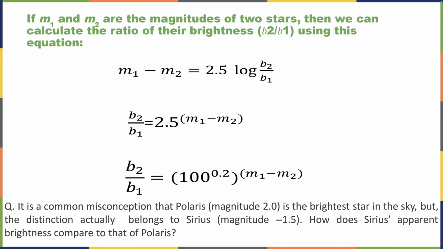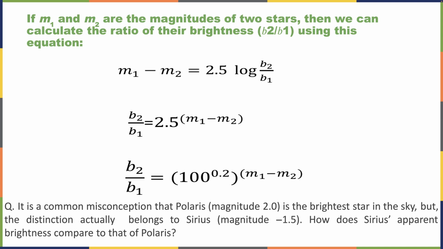Because of that, make sure that you remember this equation, and I am sure that you will have to use it at some point, at least a different form of it in an exam. You don't have to remember all the equations, as once you remember one, you can derive the others. So basically M1 minus M2 equals 2.5 times log B2 over B1 should be enough, right?